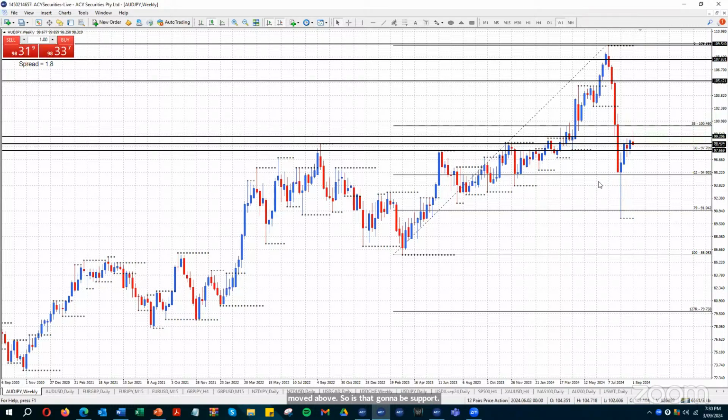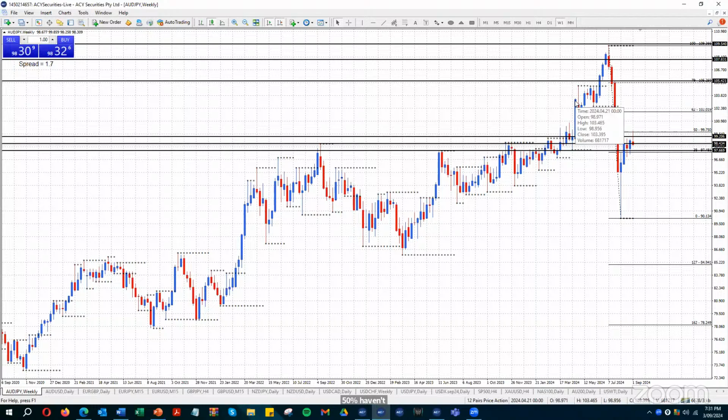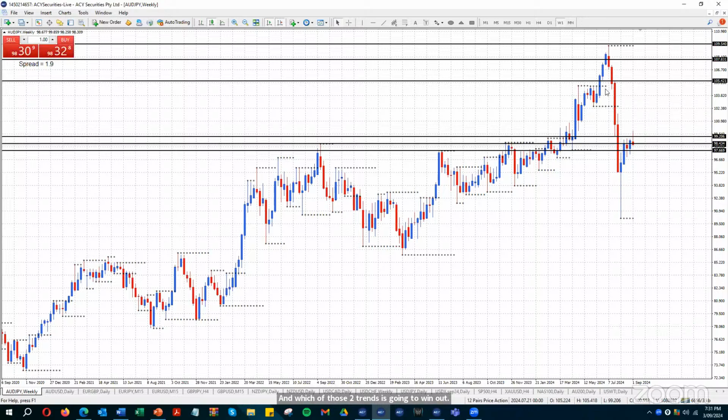So monthly's up, but the weekly's down. So we can see on the monthly retracement, 79% support. On the weekly rally, we're at 50% retracement. Haven't made it to 62 or 79. And which of those two trends is going to win out? That's where it gets tricky on these yen pairs at the moment.